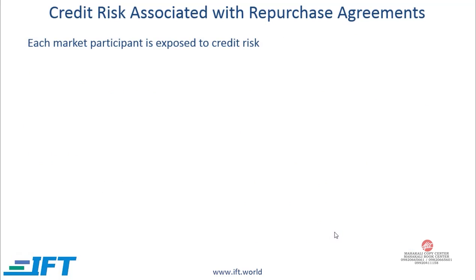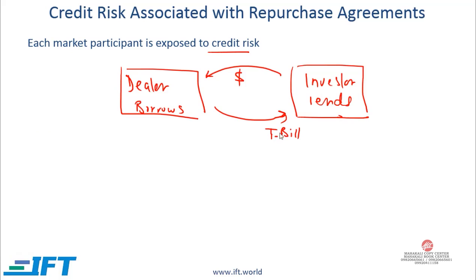When we deal with repos and reverse repos, both the counterparties or both the participants are exposed to credit risk. This is the case even if the underlying collateral has virtually no credit risk. And to understand how this can happen, consider the following situation.